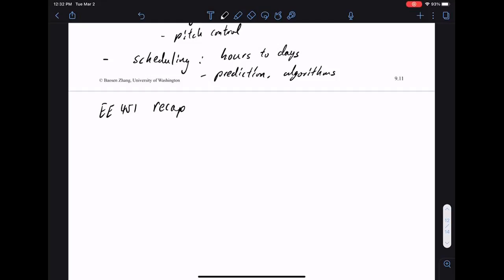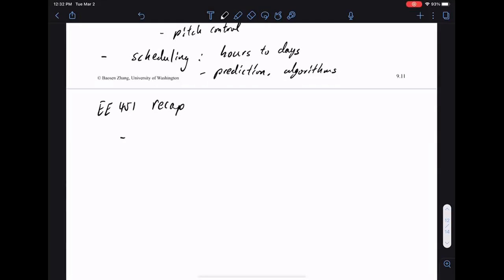Okay. So as a recap, what we talked about last time was wind power. Historically, when wind power first came on the grid, it was treated as negative load.